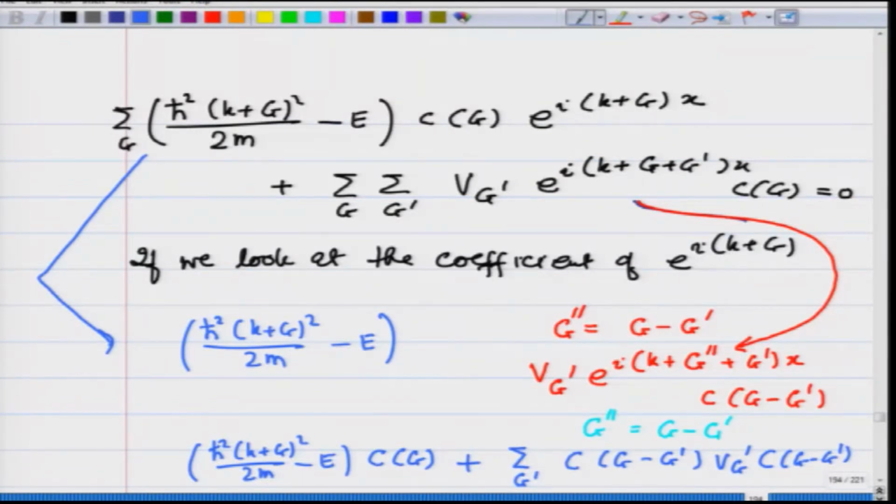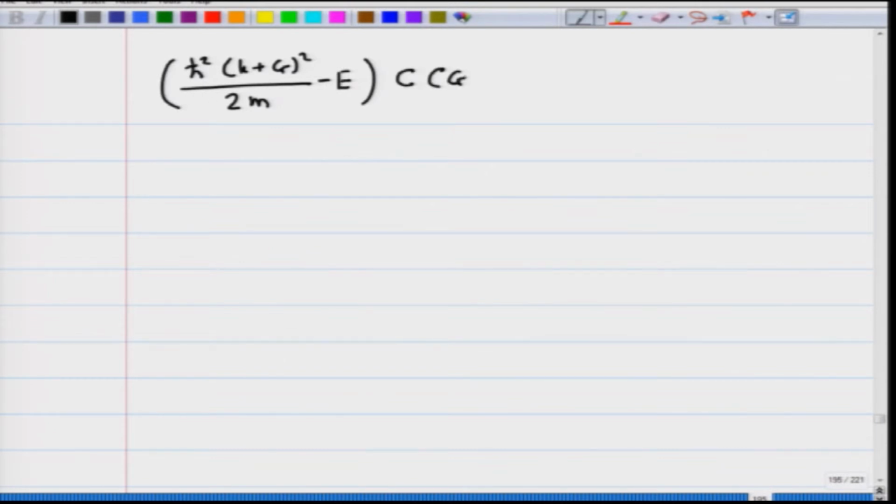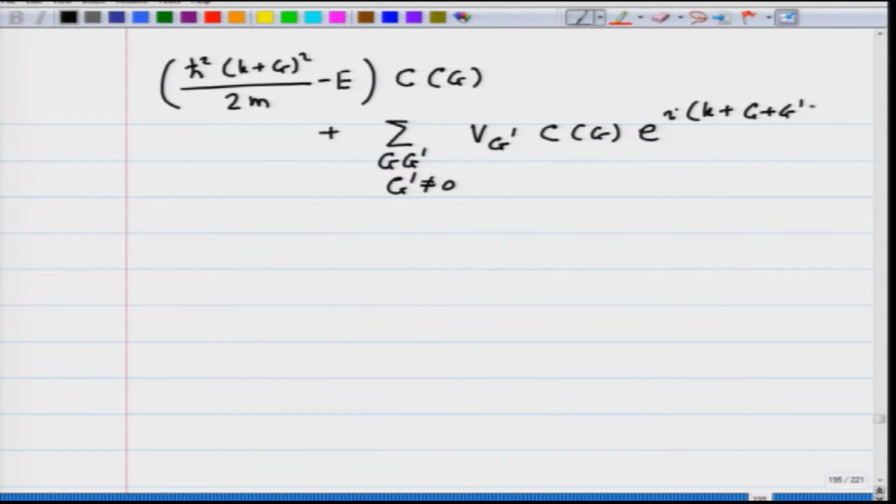For any g', I can pick g − g' as g'', right. So then this should all be 0. Let me rewrite this whole thing. The equation I have is [ħ²(k+g)²/2m − E] c_g plus the summation over g and g' of V_g'. Keep in mind that g' is not equal to 0, c_g e^{i(k+g')x} is equal to 0.